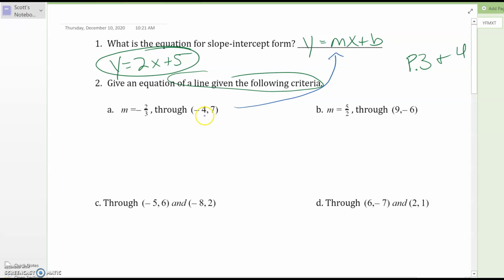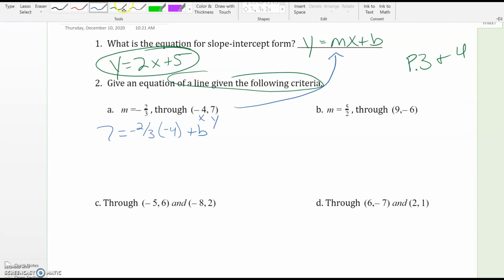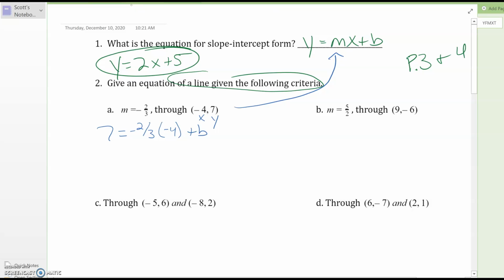Alright, so here's my x and my y. So I'm going to plug y in for y, so it'd be 7 equals, this is my m, negative 2/3, times x, which is negative 4, plus b. You can get some decimals here, guys. That is okay. I promise. Okay, make sure you use your calculator.